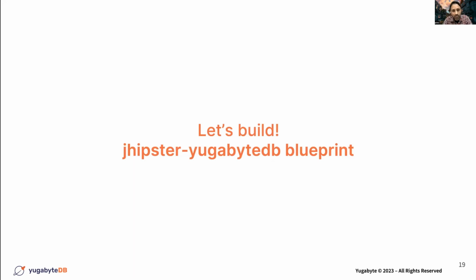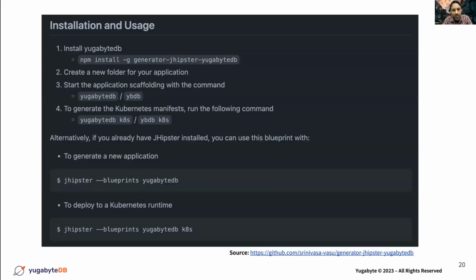The blueprint name is JHipster YugabyteDB blueprint. Through this blueprint, we have added YugabyteDB support to the code manifest that JHipster generates. It is already available as an NPM module. So if you want to try out JHipster YugabyteDB, all you need to do is npm install generator-jhipster-yugabytedb. That would help you get started immediately.